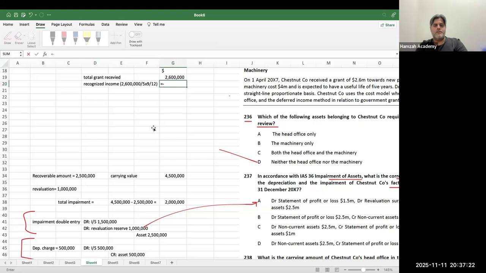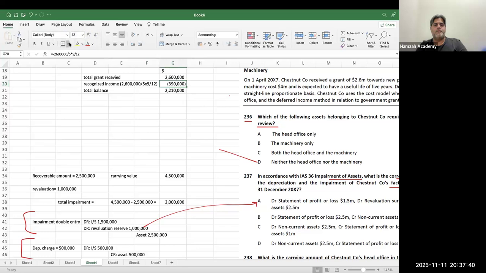The recognized income is going to be deducted from here: 2,600 by 5 into 9 by 12 is 390. So you get a total balance of 2,210, right?